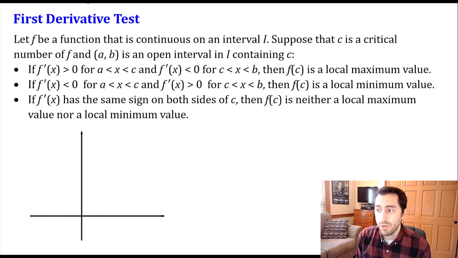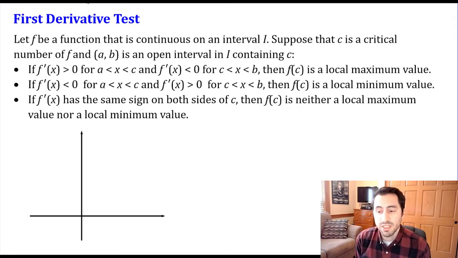In other words, on the left-hand side of our little interval, the derivative is positive, meaning it's increasing. And then on the other side of c, our derivative is negative, meaning it's decreasing. So we're going from increasing to decreasing, which creates a maximum.